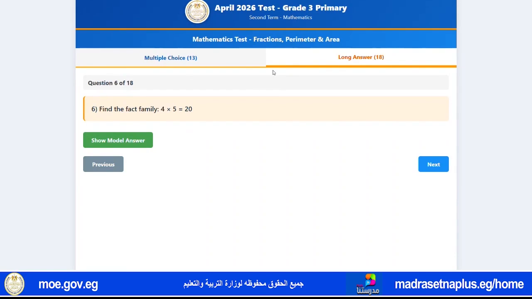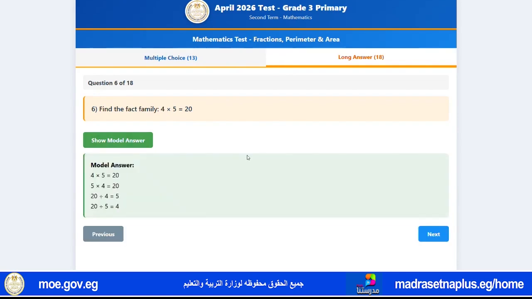You can say 4 times 5 equals 20, 5 times 4 equals 20, 20 divided by 4 equals 5, and 20 divided by 5 equals 4. This is called a fact family of numbers. You can see we have 4 operations, 2 times and 2 division.